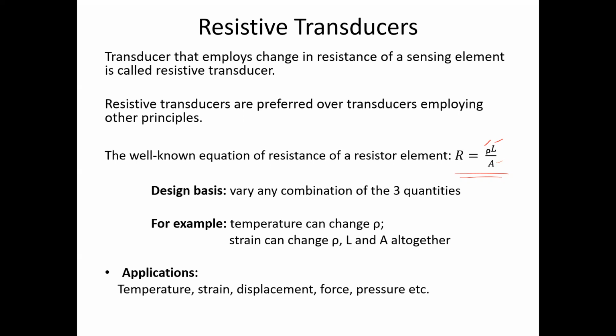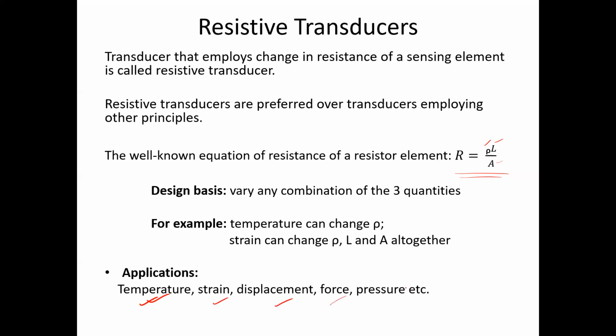In most of the cases, for temperature measurements, resistive transducers are used because the resistivity of the material is dependent on the temperature. So if there is temperature difference, then the resistivity will change, which will cause change in the value of the resistor.